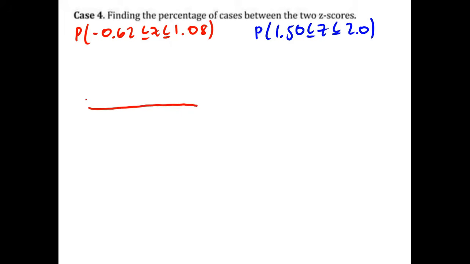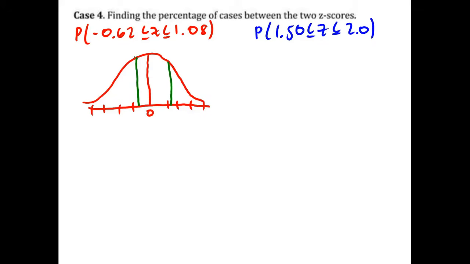First, draw a normal curve. Kahit hindi perfect. So this is our 0, 1, 2, 3, 4, 1, 2, 3, 4. So negative 0.62 nasaan? Left or right? So nasa left, this is negative 0.62, 1.08. So nandito sa part na ito.